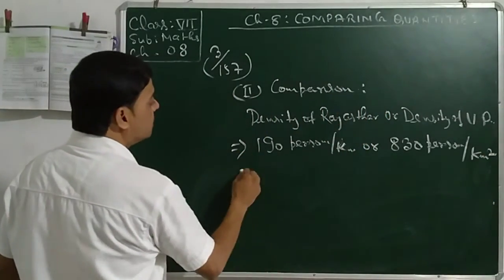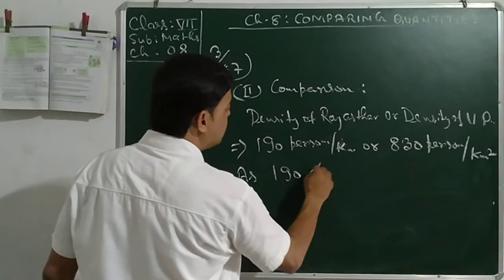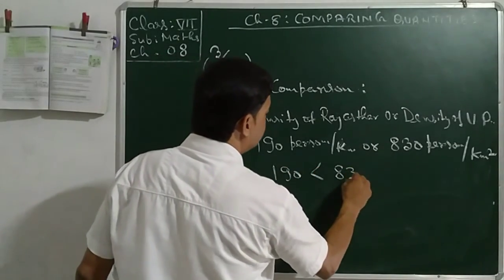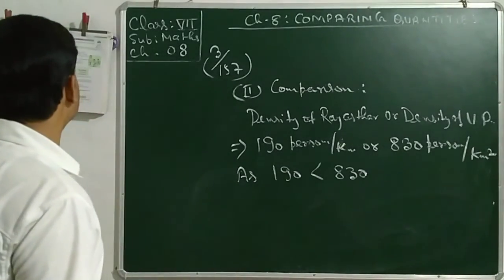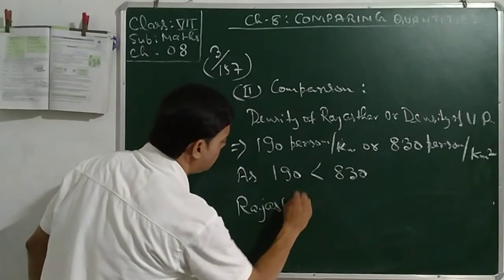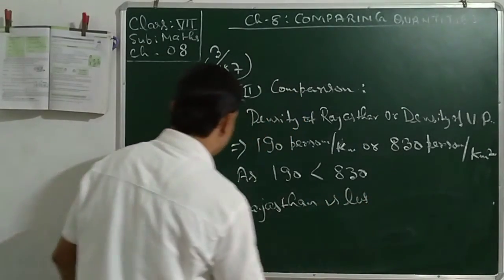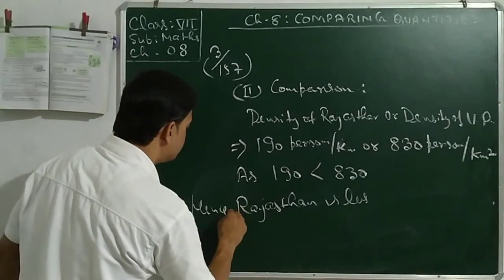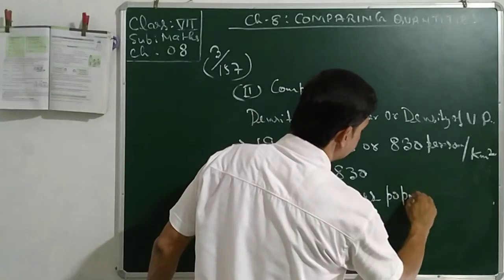Clearly, as 190 is less than 830, Rajasthan is less populated. You can write here, hence Rajasthan is less populated.